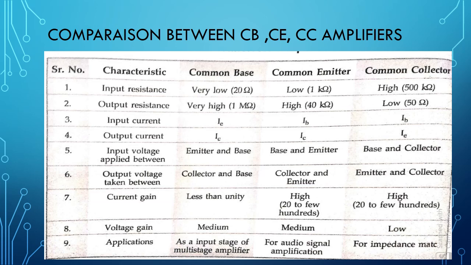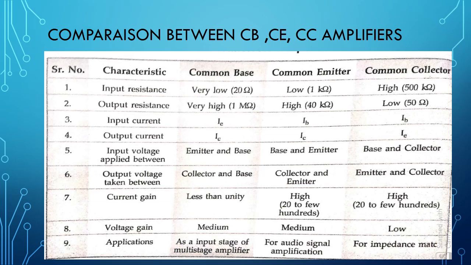In the common base amplifier, the input resistance is very low, whereas in the common emitter the input resistance is low, meaning it is somewhat higher than the common base configuration, whereas in the common collector the input impedance is very high.